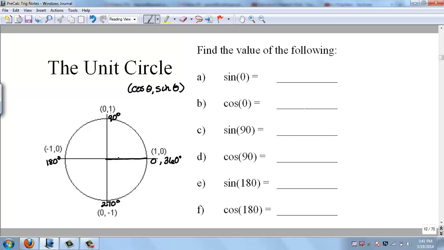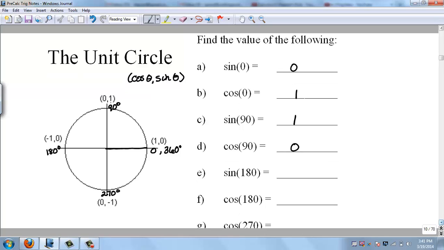So if I want to know the sine of 0, that would be the y value of this angle here of 0, and that is going to be 0. The cosine of 0 is going to be 1. The sine of 90 is the y value of 1, and the cosine is going to be 0, because that's my x value. The sine of 180 is the y value of this, so it's 0, and the cosine of this, because they're all cosine, is negative 1.